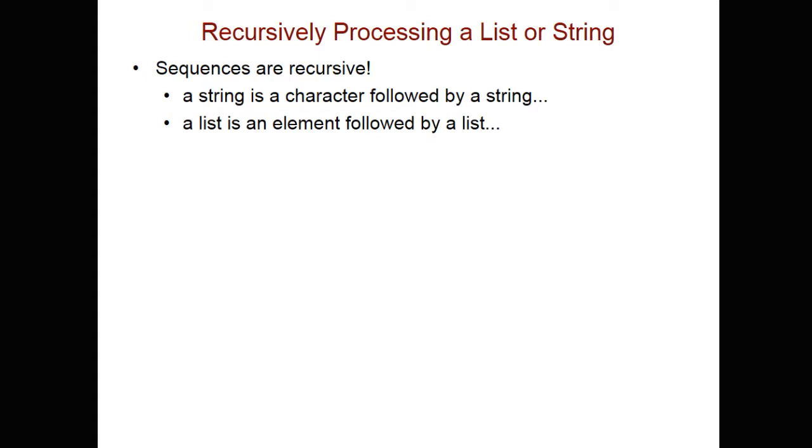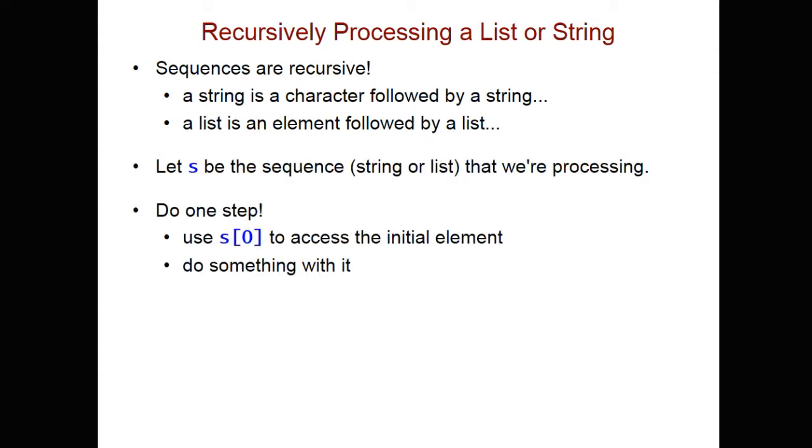A lot of examples are recursively processing lists and strings, because a string is a character followed by a string, and a list is an element that's followed by a list. We can see the recursive structure of strings and lists in their definition.